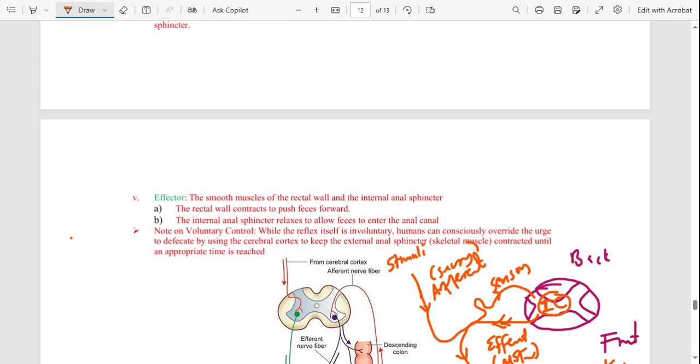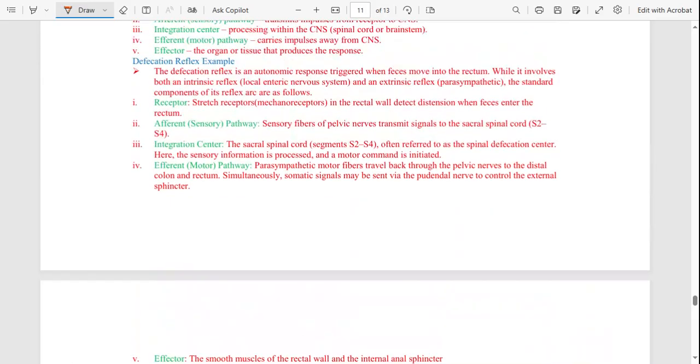So specifically for the defecation reflex, the stimulus is the distension of the rectum. What causes distension is the fecal matter that has accumulated. So you have got stretch receptors there, which are mechanoreceptors, where the stimulus will bind. In this case, it is the stretch sensation.